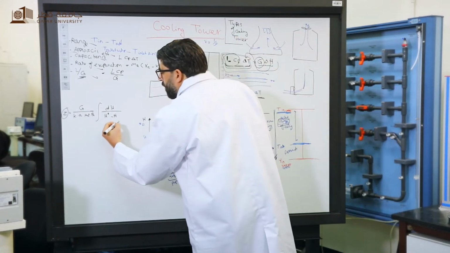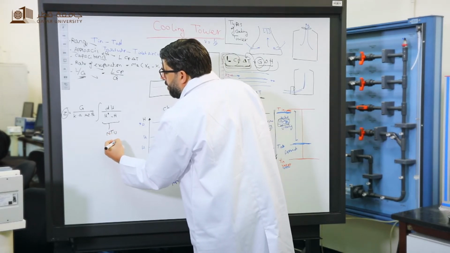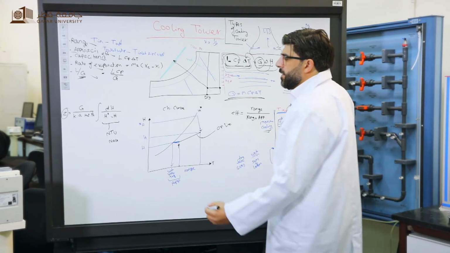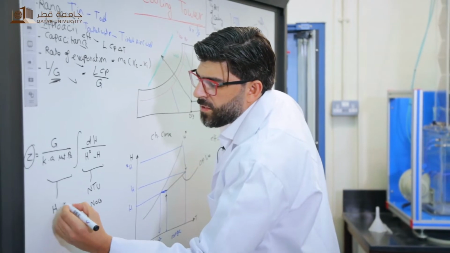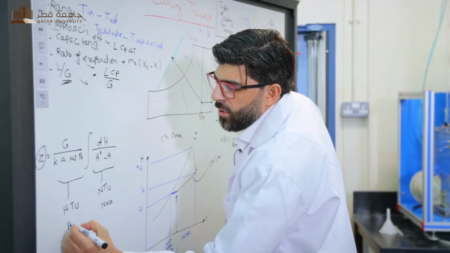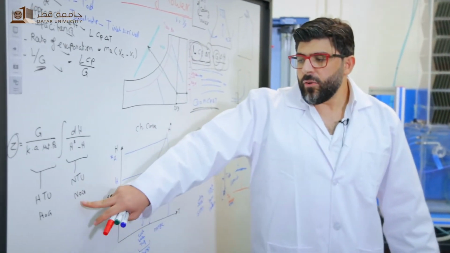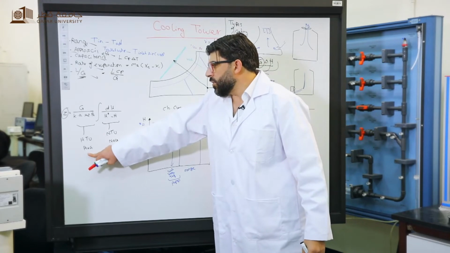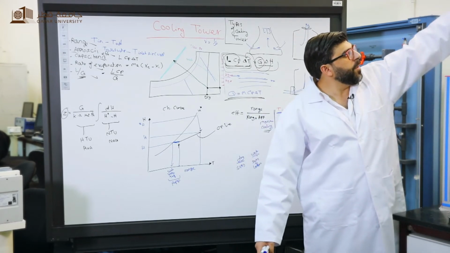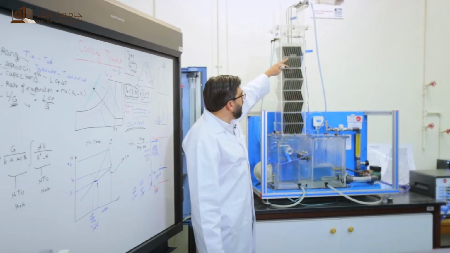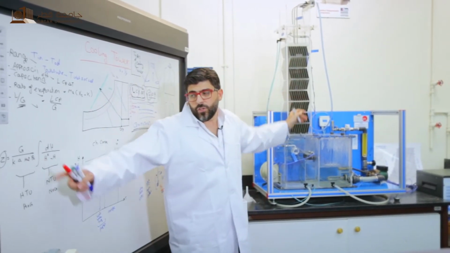So this part of the equation is known as number of transfer units, or NOG, and this part of the equation is known as height of transfer unit, or HOG. So if you can calculate NOG and HOG, you can design the cooling tower to a certain height. So this is the cooling tower. I want to design the mass transfer, how high the cooling tower should be, by using this equation.